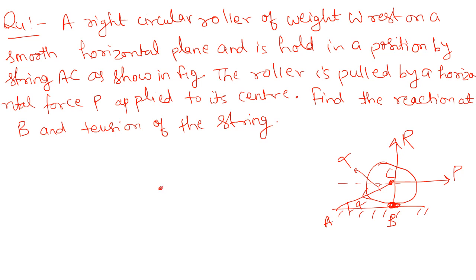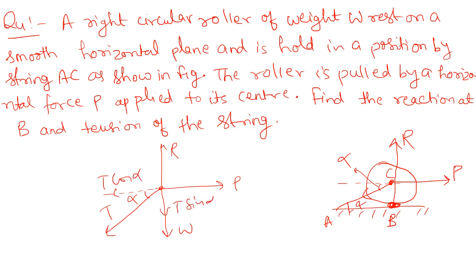Okay, so now you can make a figure. Here it is P, this is W, the weight of the roller, and the reaction R, and this is a tension T, and this is your angle alpha. So this will be your T cos alpha, and this will be your T sin alpha.